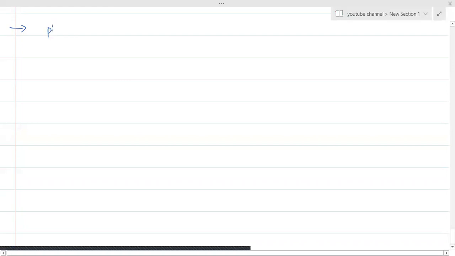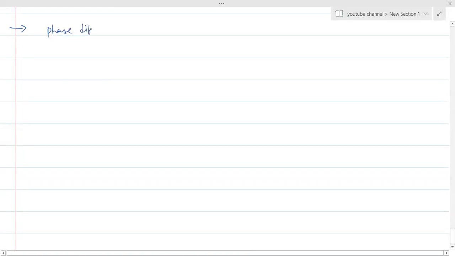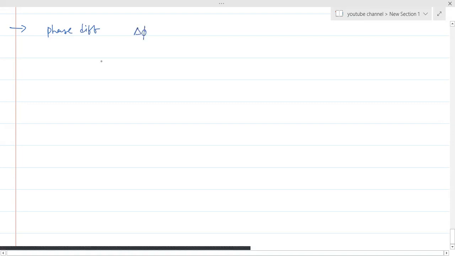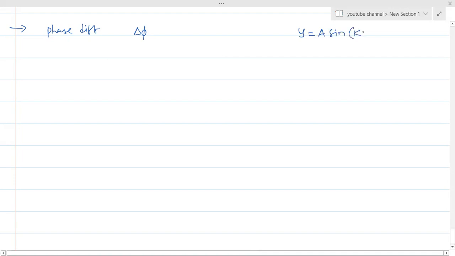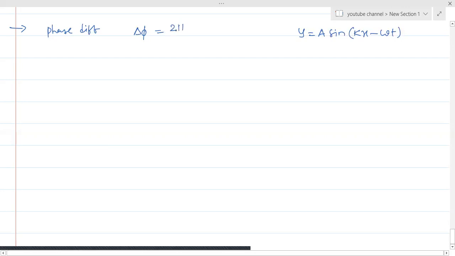Next, we have phase difference. Phase difference when the given equation is in terms of time. That is, if y equals a sine of kx minus omega t, so this is given as y as a function of time, then we will find the phase difference as 2 pi by T into delta t.